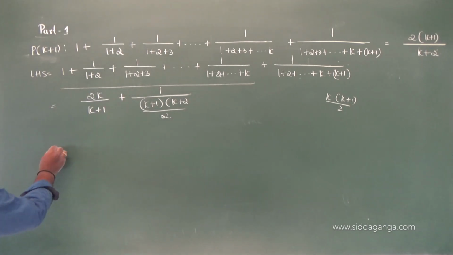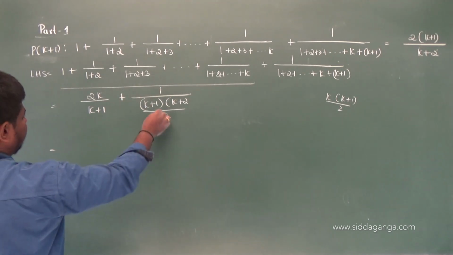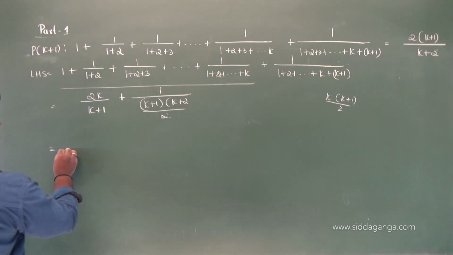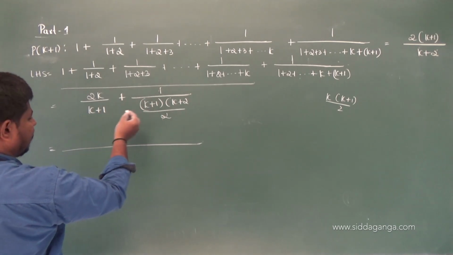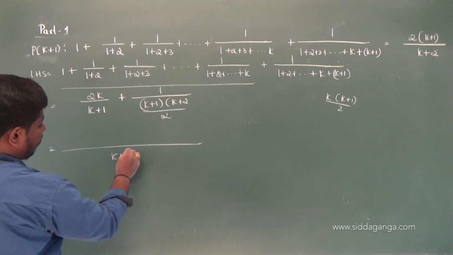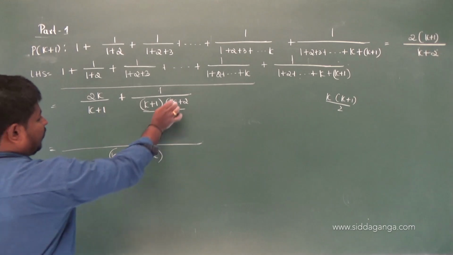So this 2 will come, let us take this 2 to the numerator, then 2 by k plus 1 into k plus 2. In this, what is the LCM? Taken 2 here, what is the LCM of k plus 1 and k plus 1 into k plus 2? So k plus 1 into k plus 2 will be the LCM. Okay, so now I have taken 2 here.